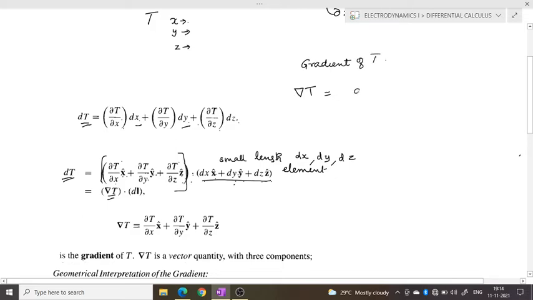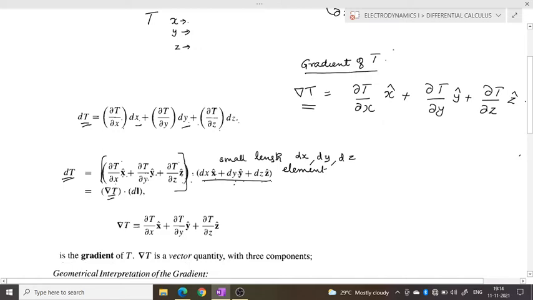This is equal to dou t by dou x into x cap plus dou t by dou y into y cap plus dou t by dou z into z cap. So this is a new function we are trying to find out. This is called the gradient of a function.